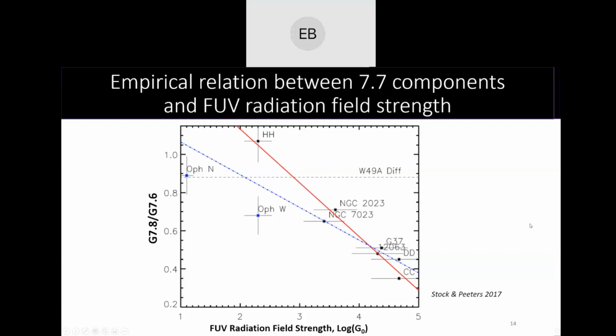Where is it? Orion is about here, I would think. Okay. And where is 133? Is it on there? 133 is probably a little bit in the same region as 2023 and 7023. Okay, it's up near the B stars then. Yeah, it's an intermediate regime. Okay.